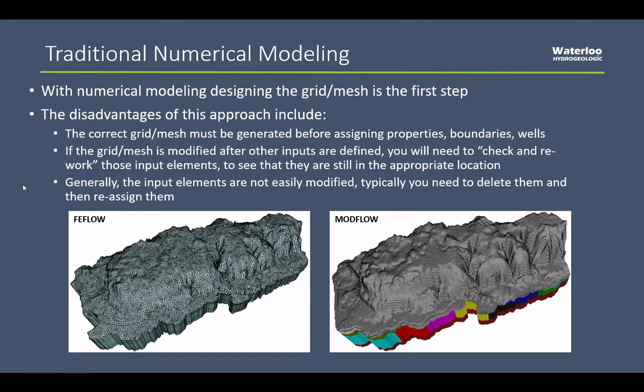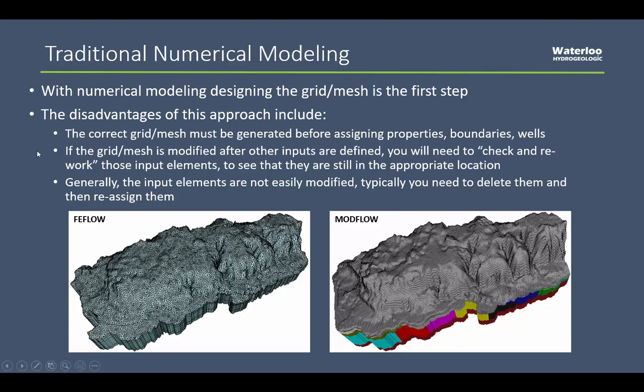So the advantage of the conceptual modeling workflow, or the disadvantage of the traditional numerical modeling workflow, is that you have to basically generate the correct grid or mesh before you begin assigning properties and boundaries. After the grid or the mesh has been modified, then you typically need to recheck and rework a lot of those input elements for your different property locations, property zones, and boundary conditions.